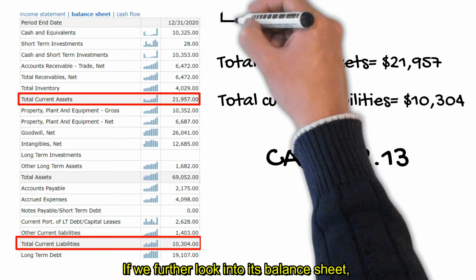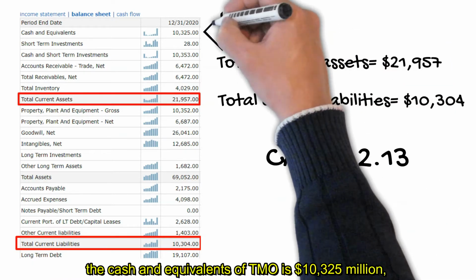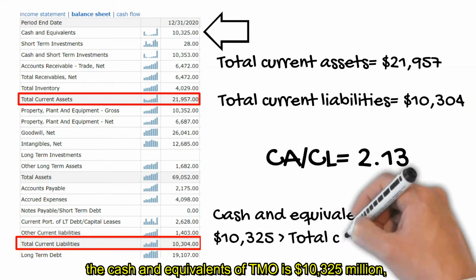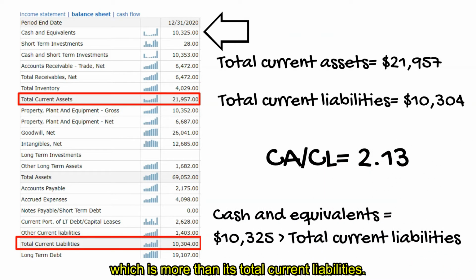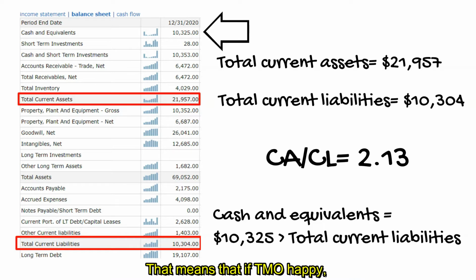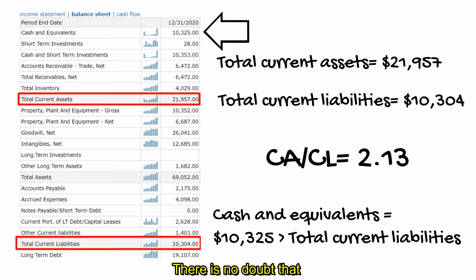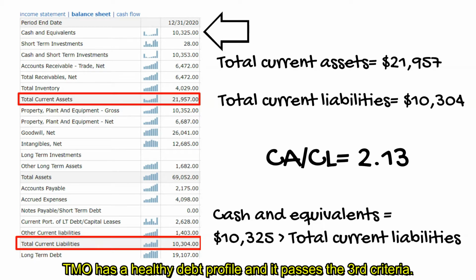If we look further into its balance sheet, the cash and equivalents of TMO is 10,325 million, which is more than its total current liabilities. That means that if TMO wanted to, it could pay off all its current liabilities immediately with cash. There is no doubt that TMO has a healthy debt profile and it passes the third criteria.